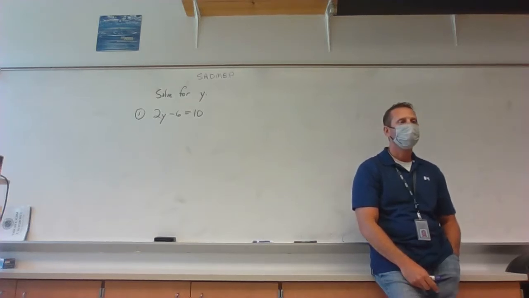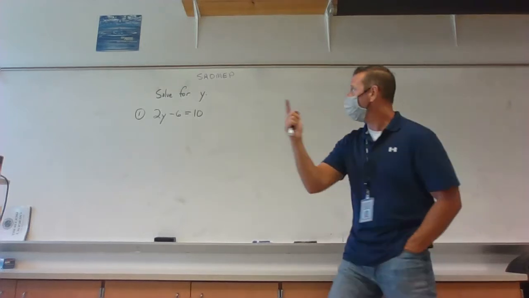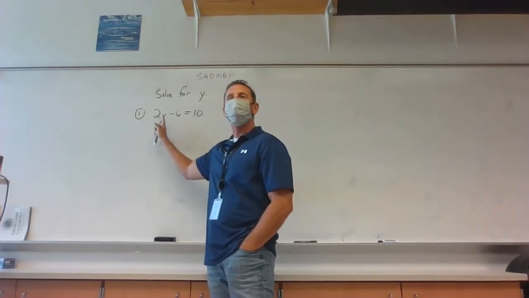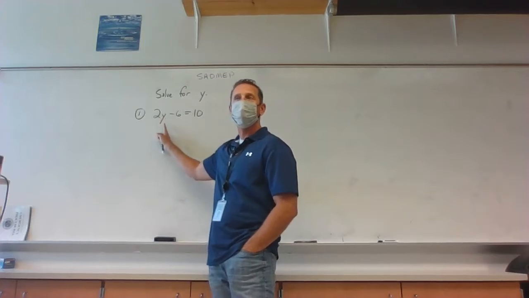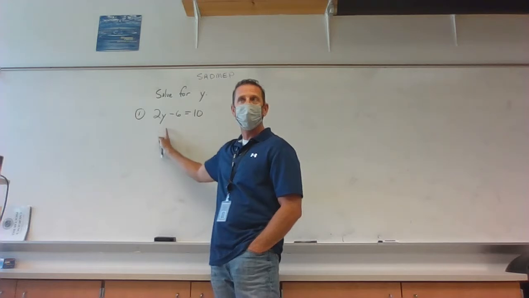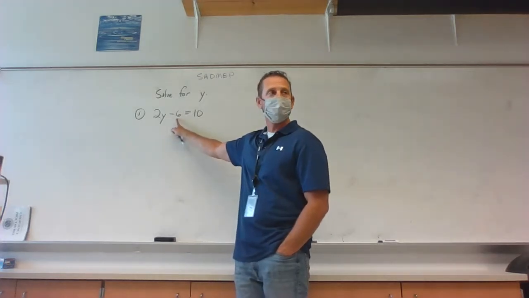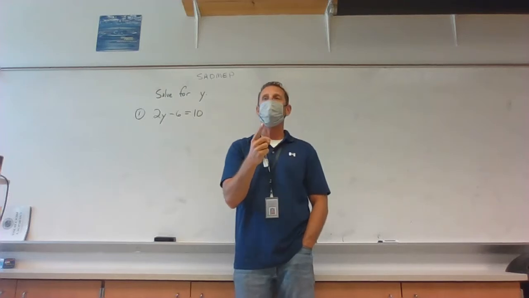Isabella? Multiplying it by 2. Okay, so one thing we're doing to Y is multiplying it by 2. What's the other thing we're doing to Y? Hannah? We're also subtracting 6.